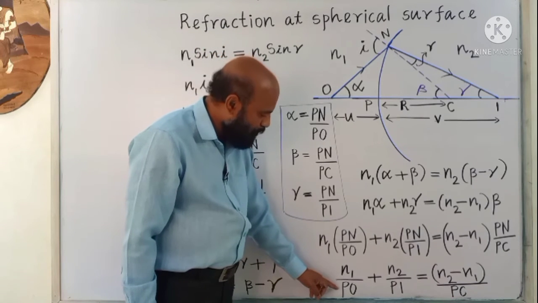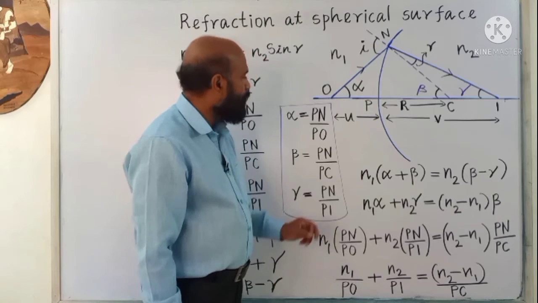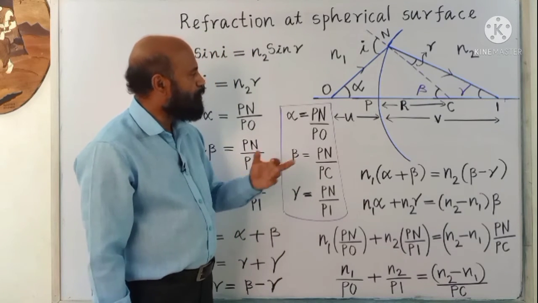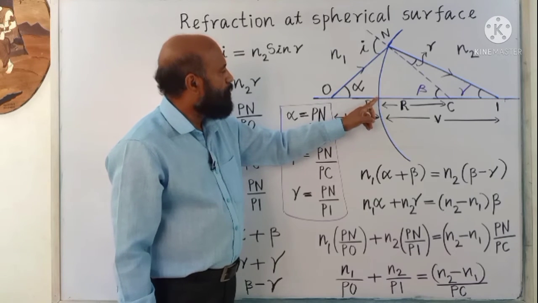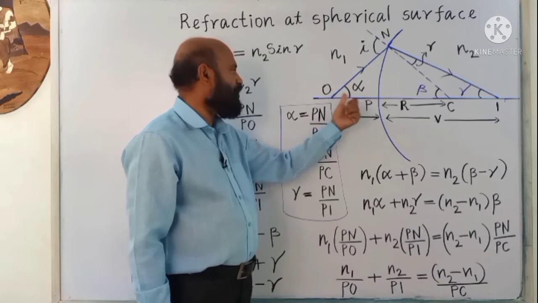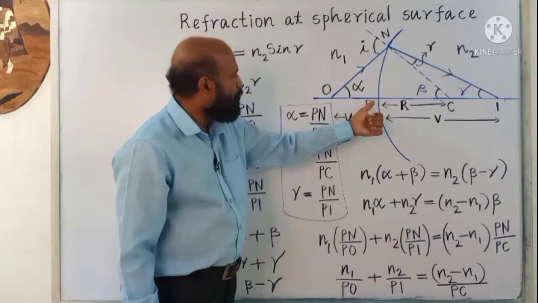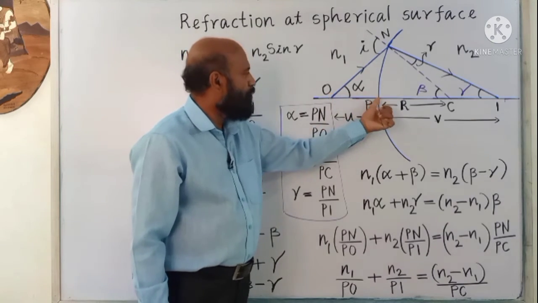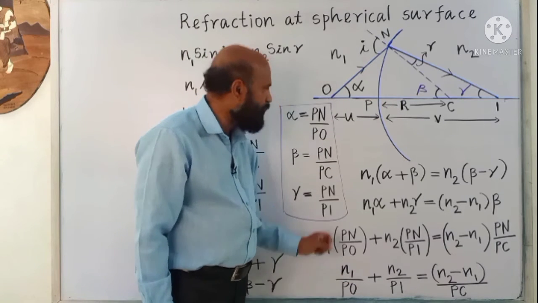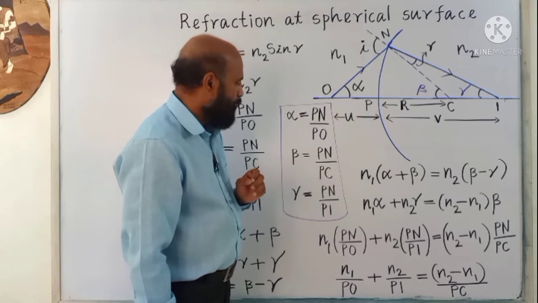Then finally we can substitute for PO. As per the sign convention, all distances are measured from the pole. Distance measured from the pole to the left side is taken to be negative. Now you see PO is minus u, so instead of PO, you can write minus u.